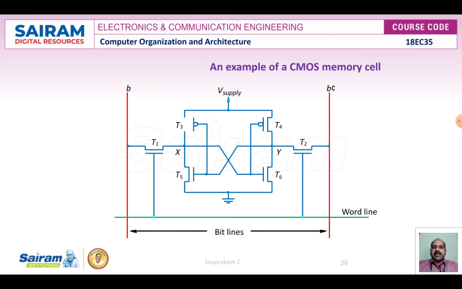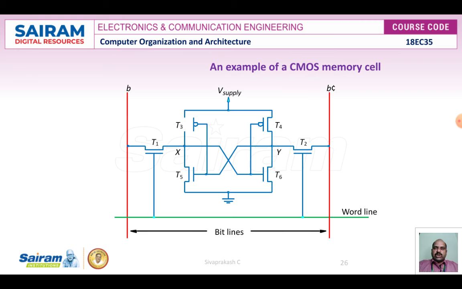The power supply V supply was generally 5 volts in older CMOS, and in newer SRAM cells it is 3.3 volts. Note that continuous power is needed for the cell to retain its state.